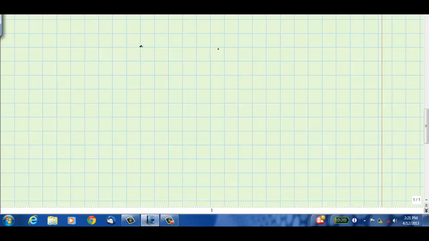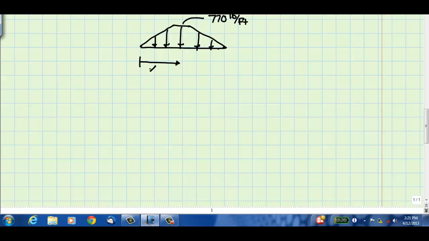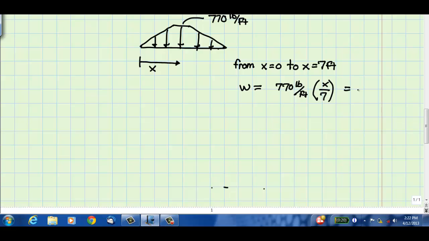Looking at that loading again, if we define x as a distance from the left end of the beam, the load varies linearly. So for x greater than 0 but less than 7 feet, the load at any point would be 770 pounds per foot times x over 7 feet.